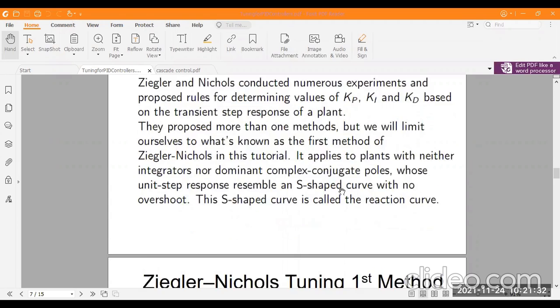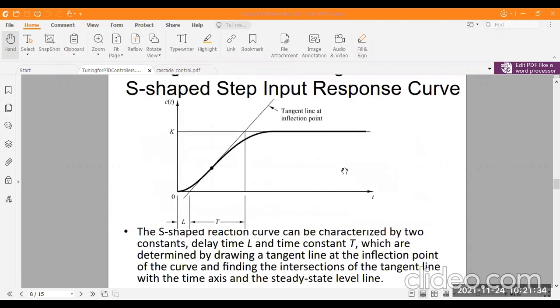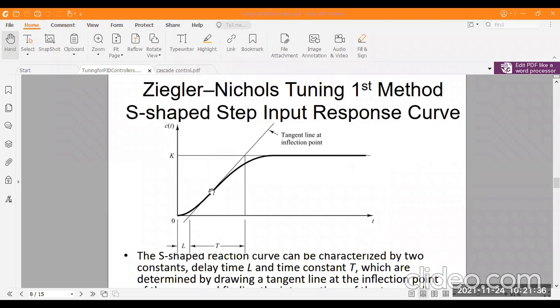So in this Ziegler Nichols method, we always have to observe the S-shaped curve. Here you can see these are the graphical structures. The steady state value we have to calculate from here. So this is the first method we apply, the S-shaped step input curve.